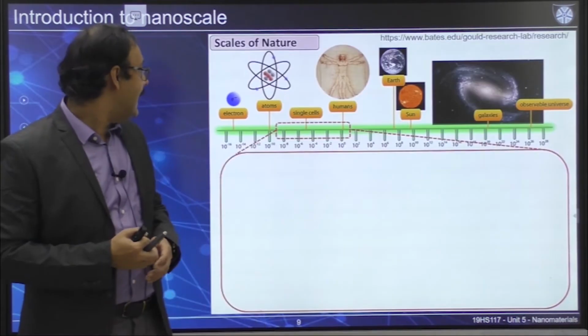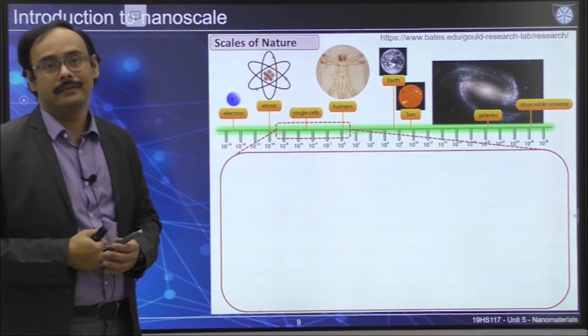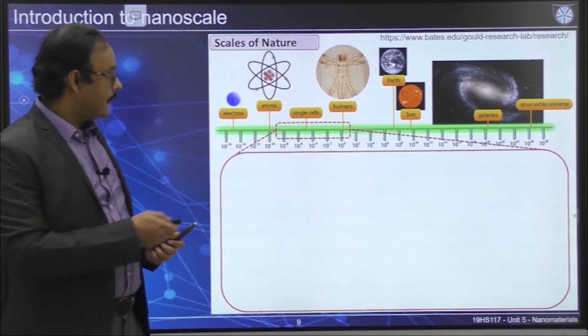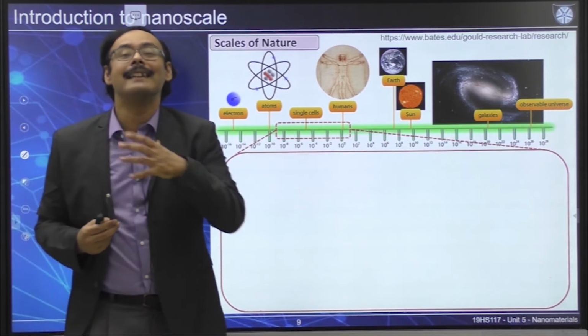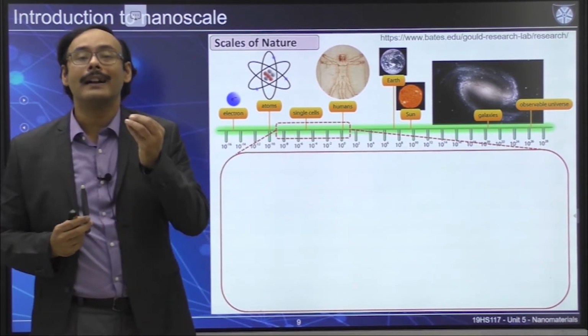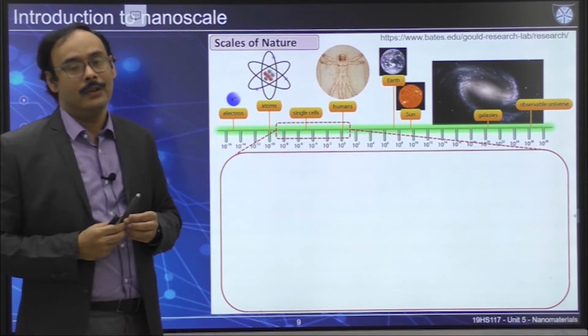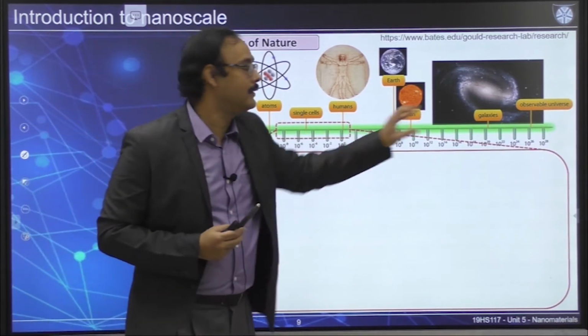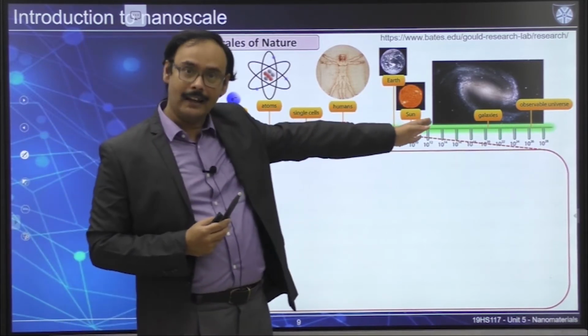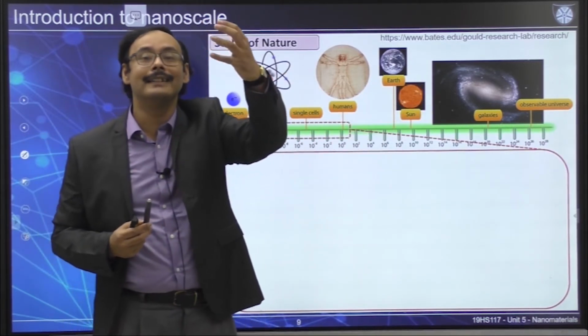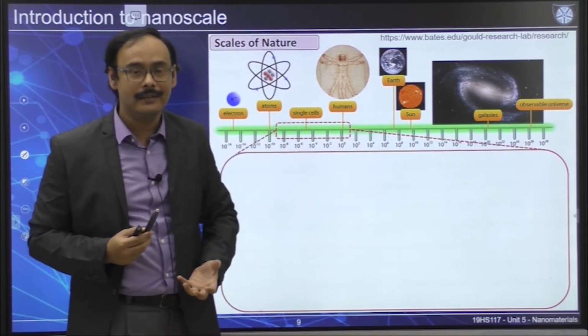Okay, with that, let's look at the scales of nature. In this particular case, when we talk about our eyesight, what are the scales that you are looking into? You cannot see the earth, you cannot see the sun. Obviously you can see them, but they are not in the size that you can perceive, right?